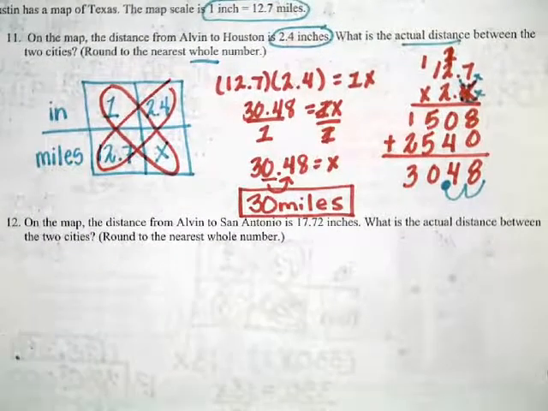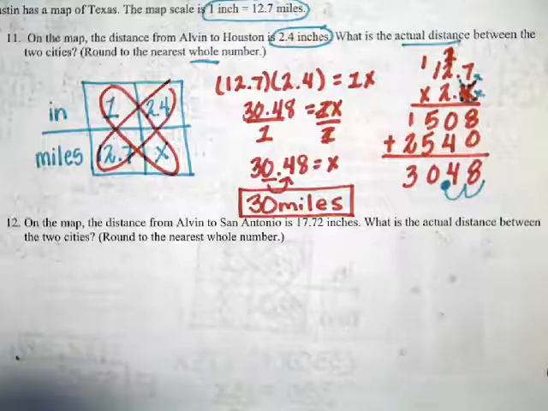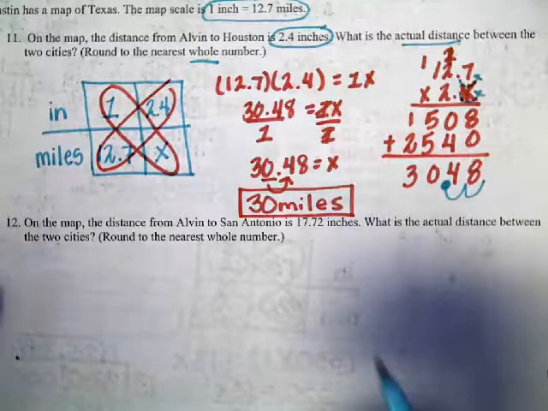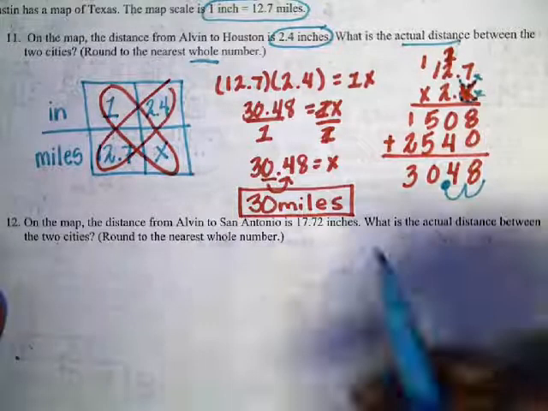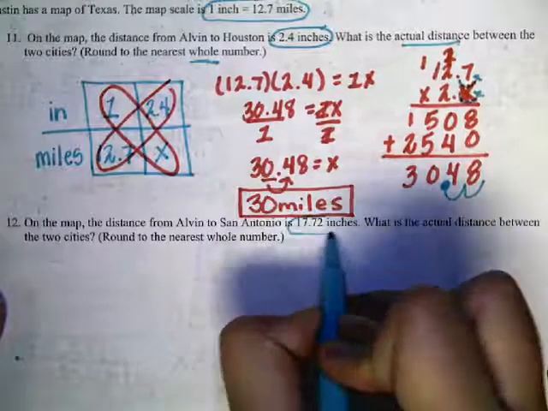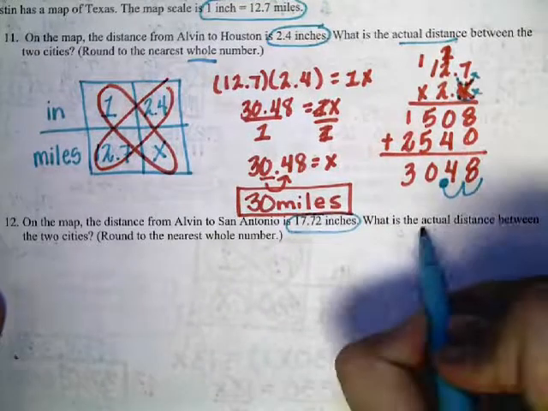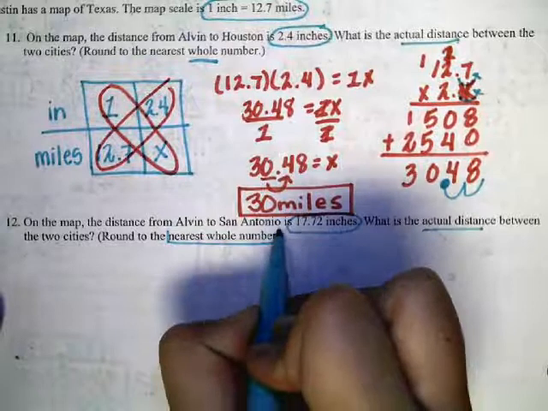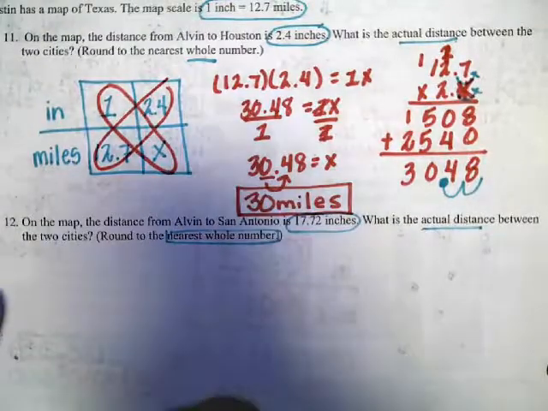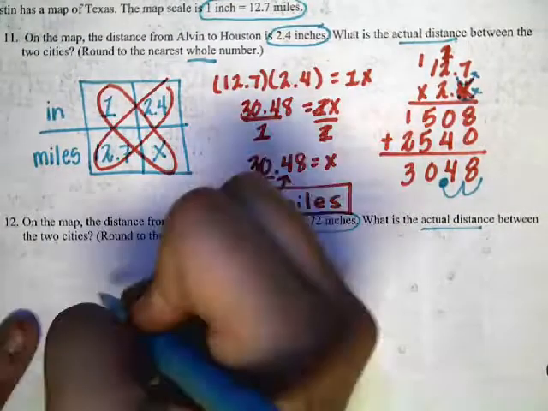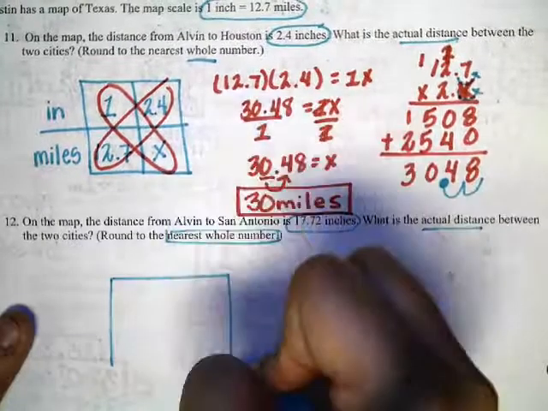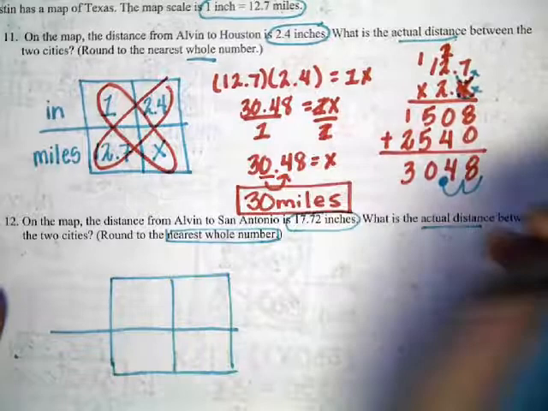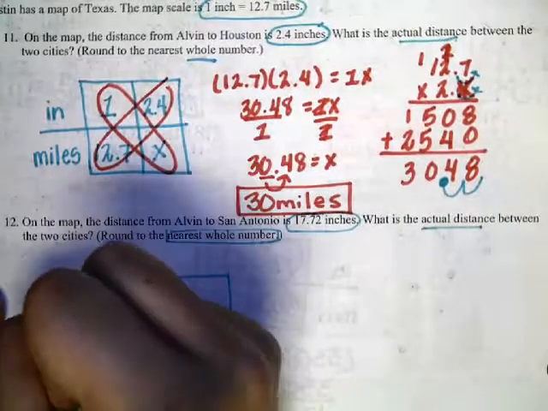Question 12. Using the same information from the above map scale, on the map, the distance from Alvin to San Antonio is 7.72 inches. What is the actual distance between the two cities? Round to the nearest whole number. So this one's just like question 11, just with a different amount. We're going to set up our proportions box with our 2 units. We have inches and we have miles.